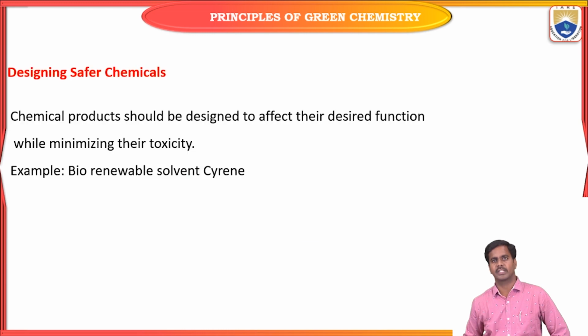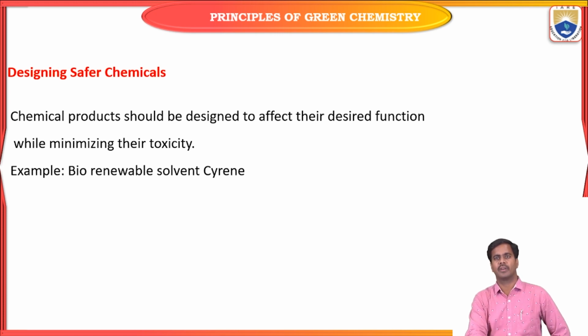The next principle is designing safer chemicals. Safer chemicals we have to design before going to the reaction. First we should assess which chemicals produce harmful effects and which produce less harmful effects on the environment.